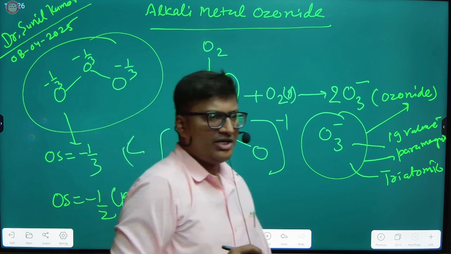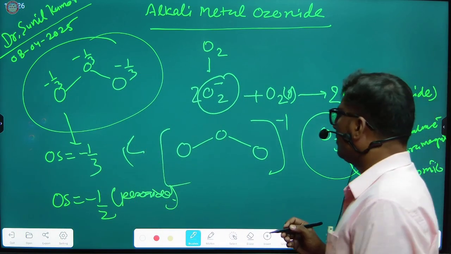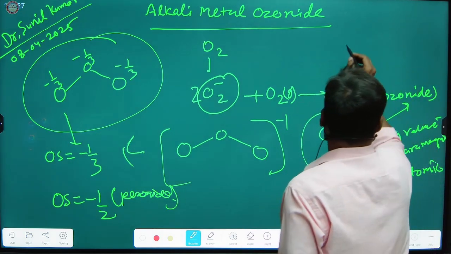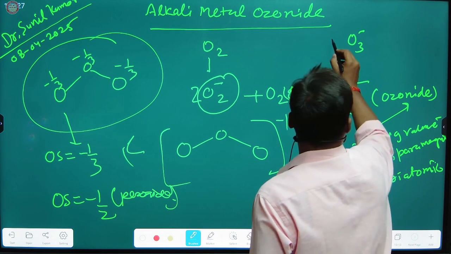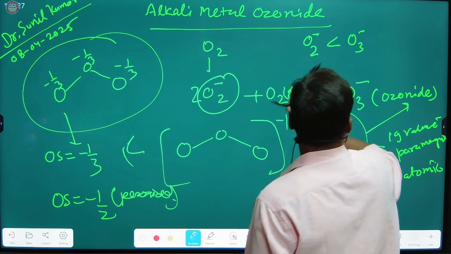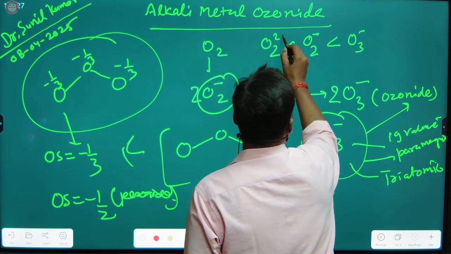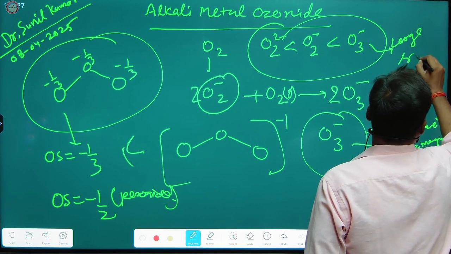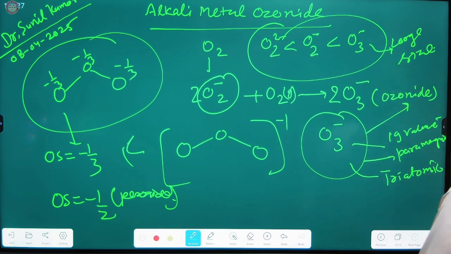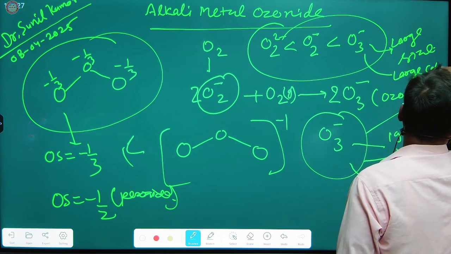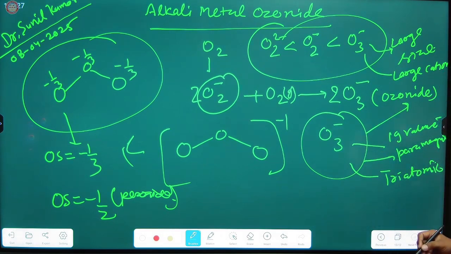So there is low charge density on the oxygen atom, but the size of the ozonide, that is O3 minus, is large compared to O2 minus or peroxide O2 2 minus. It has a large size, so the large ozonide anion requires a large cation to stabilize this structure.